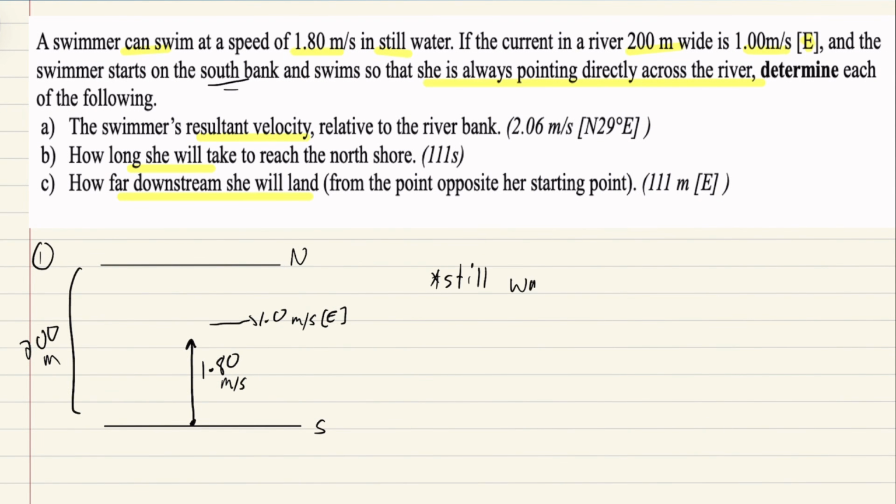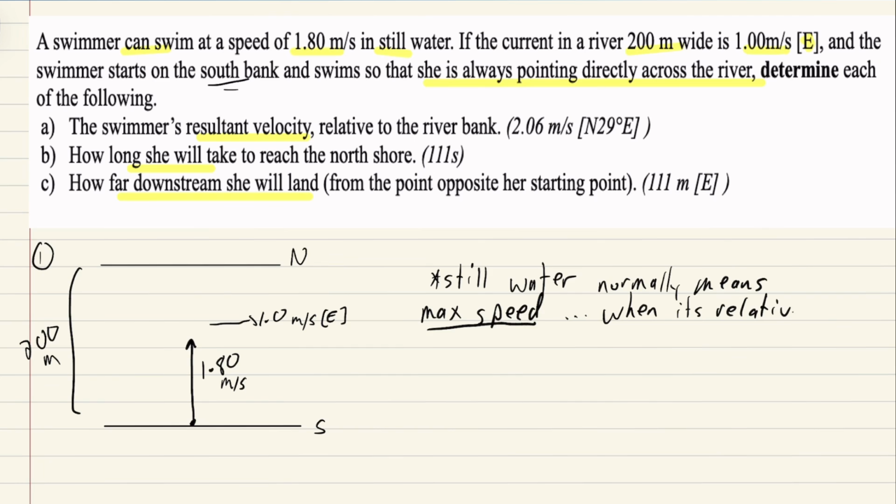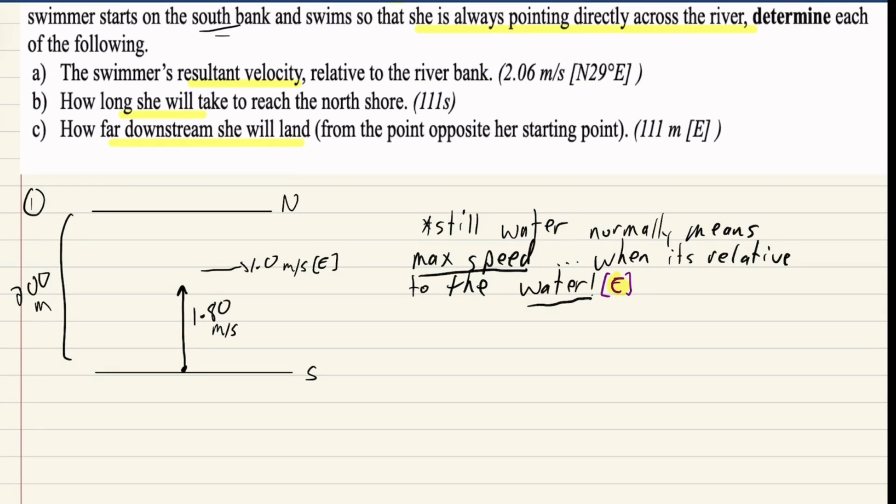Now there are two ultimate reference points from which we can observe the speed of the swimmer. One would be the speed relative to the water. When we mention a speed in still water, normally that would be the maximum speed, but that's when it's relative to the actual water. The other reference point would be from the bank, right? So an observer looking at the swimmer from the opposite side of the river.